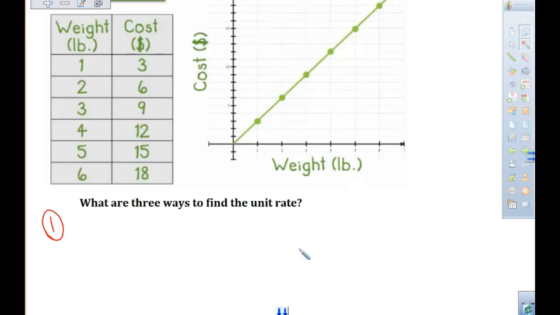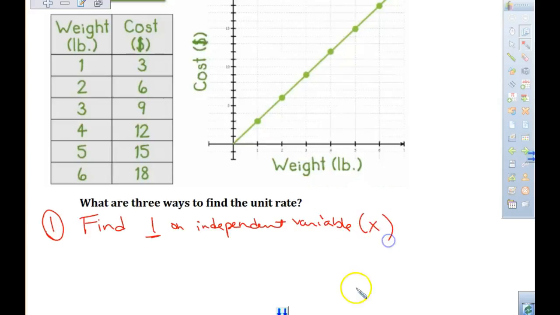So the first one, I want you to say that we are going to find 1 on the independent variable. Which one is our independent? Independent is our x.